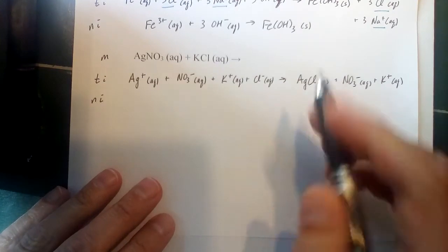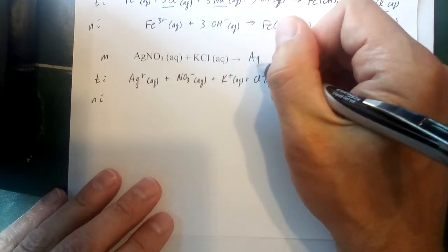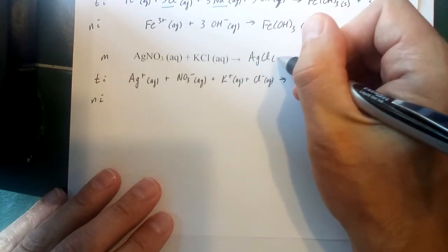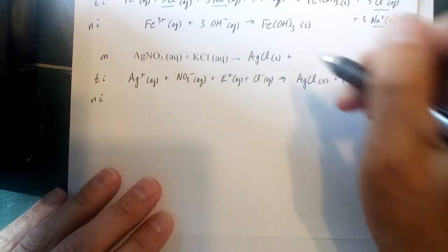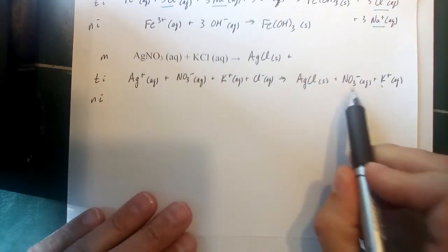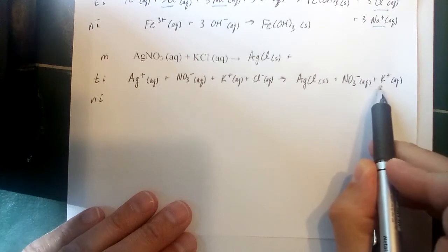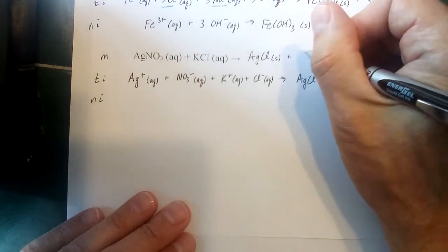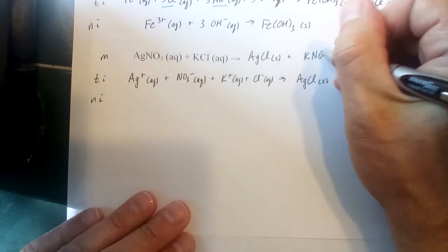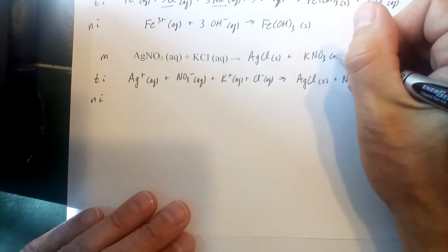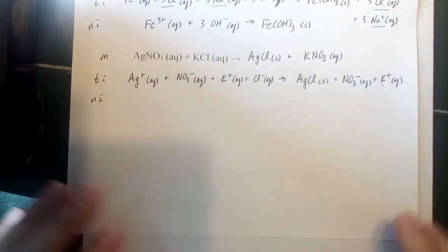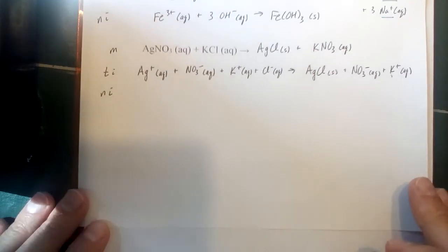Silver chloride solid, that would appear just the same here in the molecular version of the equation. And we can complete the molecular version of the equation by making the correct salt between potassium and nitrate. So that would be KNO3, one of each, and we need to indicate that that is aqueous. It's still dissolved.